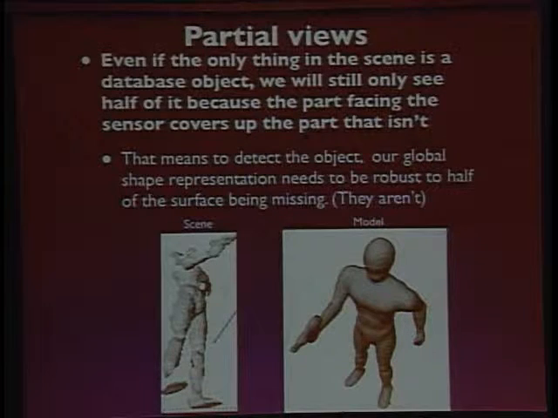So in other words, if you have your vector of numbers, that is your global shape representation, and you get one vector of numbers from the full shape, the entirety of it, that's the model, and then you get your vector of numbers corresponding to half of it missing, that's the scene, they should be similar to each other. And generally speaking, they're not.